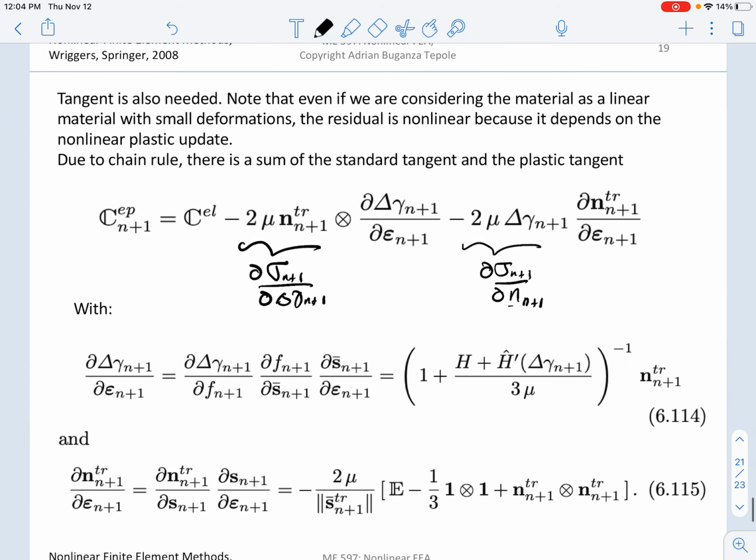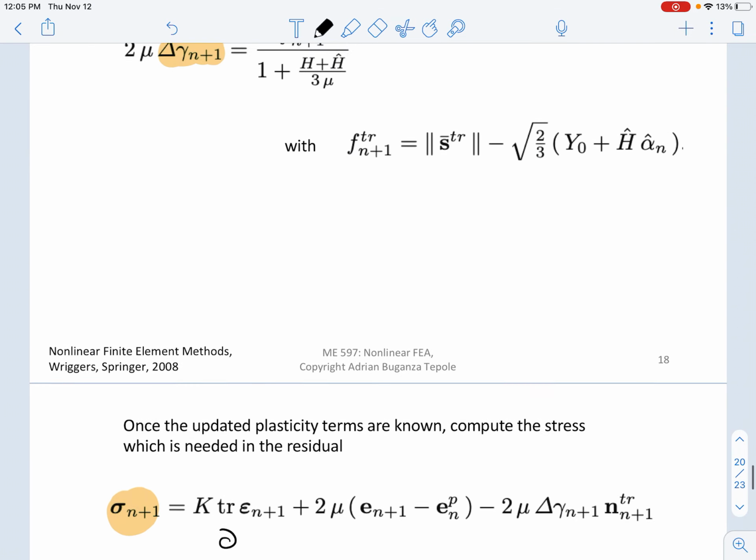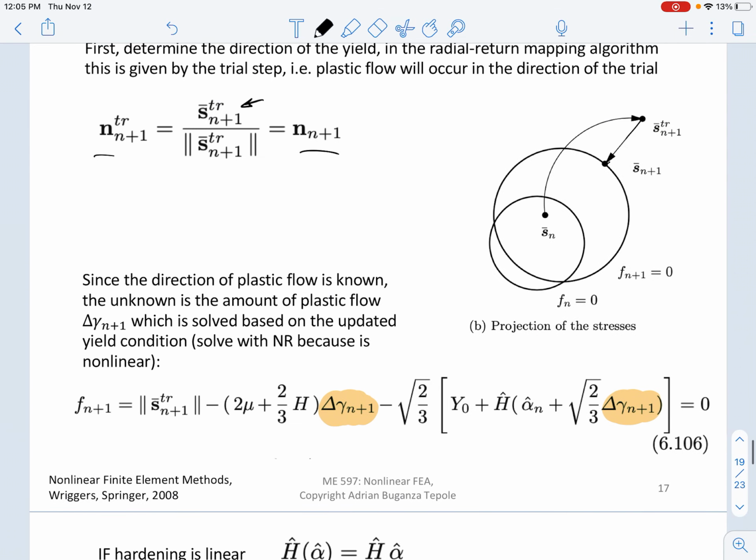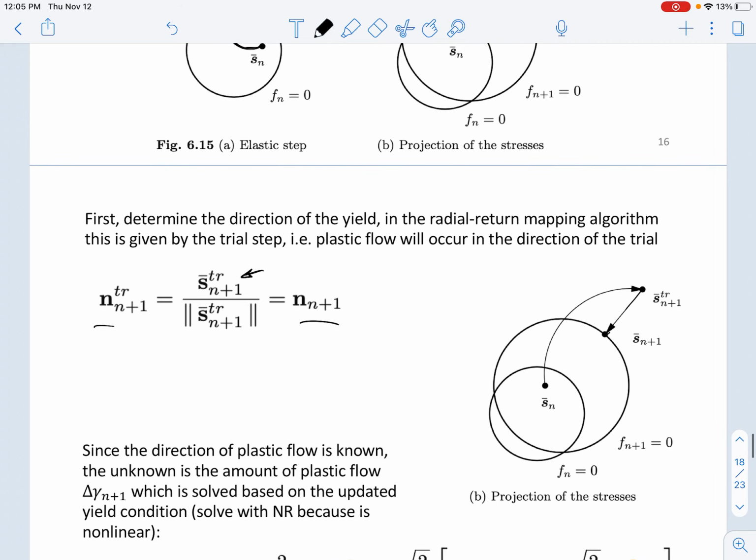In the particular case that we were discussing, these are the formulas. You have to be a little bit careful with that one, because I think you need to wrap your head around that one a little bit, because that one is basically coming from, you can see n plus 1 depends on this S trial, and this S trial you need to sort of backtrack where this is coming from, right?